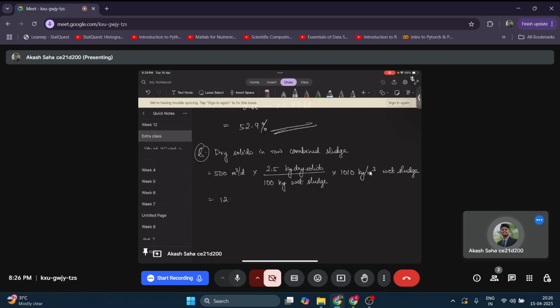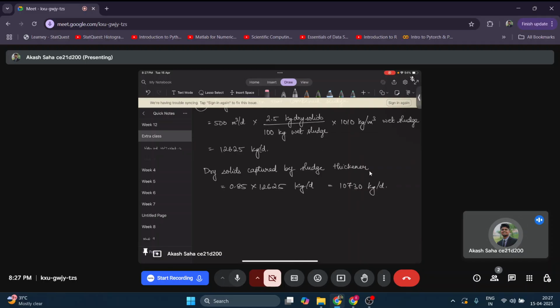So that is 12625 kg per day. Okay, and dry solids captured by the sludge thickener is around 85%. So 10730 kg per day.